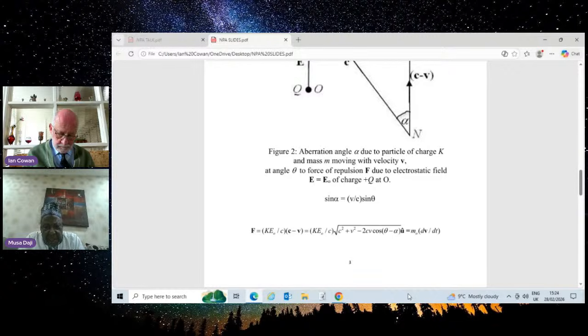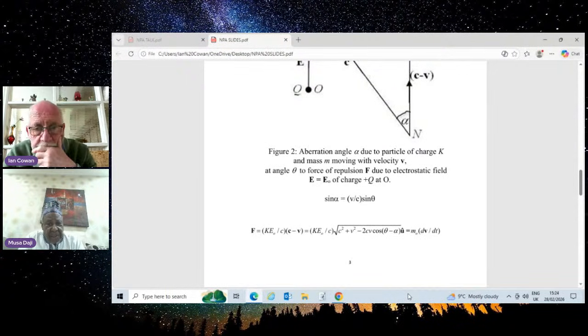If you look at the equation under slide number 3, the charged particle can move with theta equal to 0, that is with acceleration. It can move with theta equal to pi radians, that is deceleration.